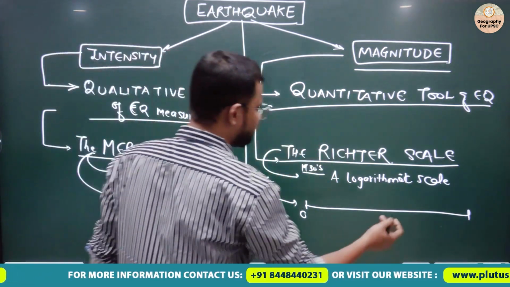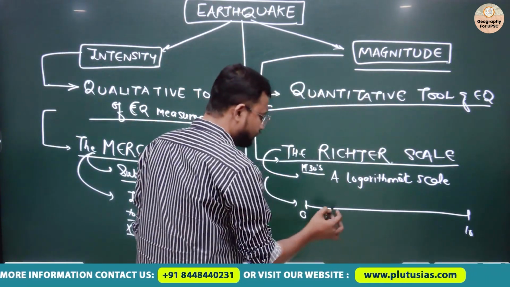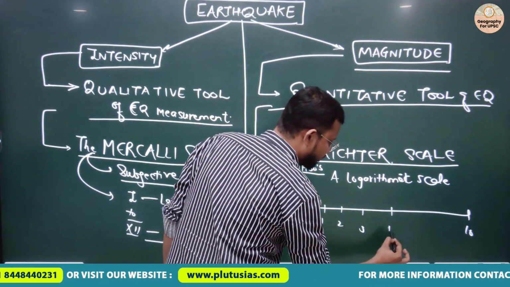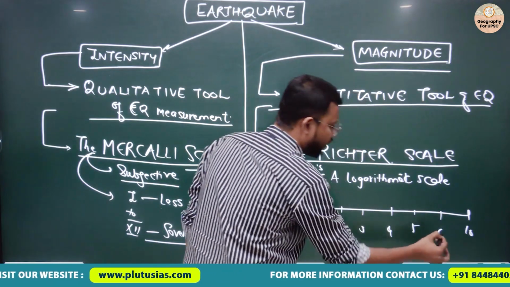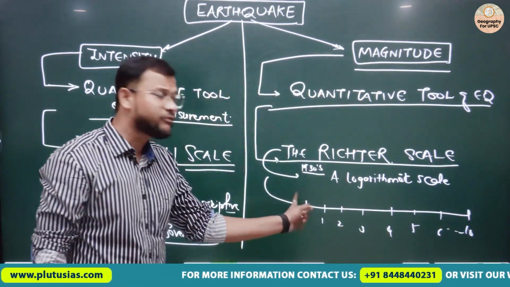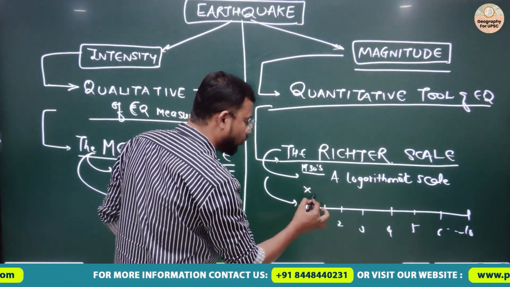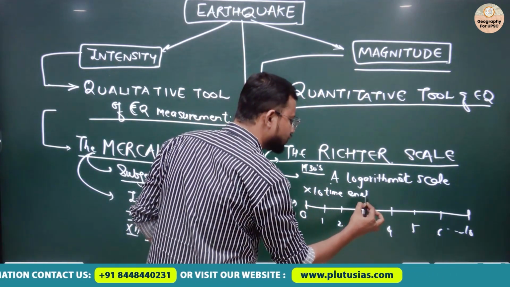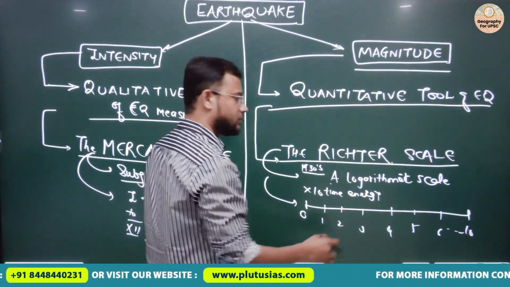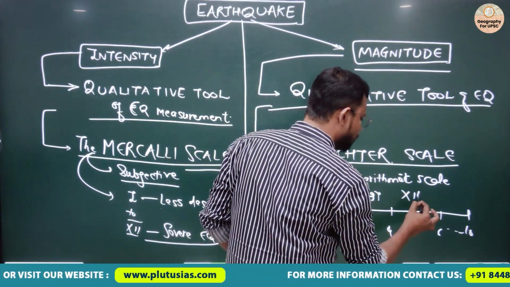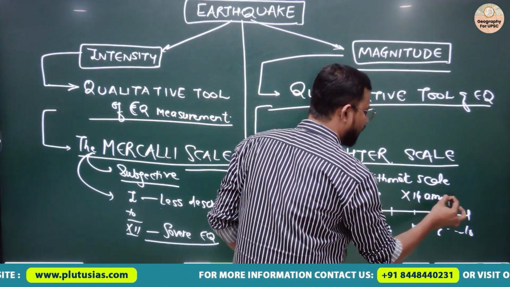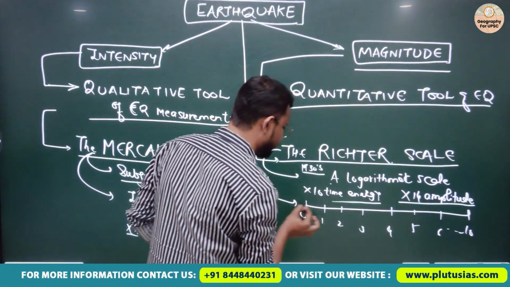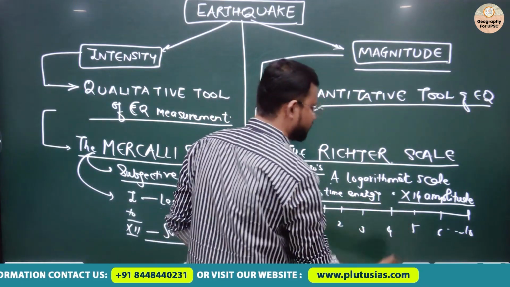So if you consider 0 to 10, you will find every Richter scale number has 10 times more release of energy and 14 times more amplitude than the last scale. 14 times amplitude, 10 times energy.